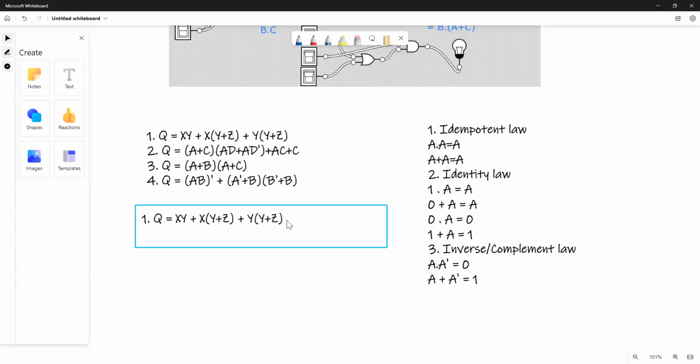So let's try to simplify this. The first step, what I'm going to do, right? I'm going to take out the brackets. So we have XY plus, so I'm going to multiply X with Y plus X. So it becomes XY plus XZ plus, you are going to say multiply Y with Y, so it will be YY plus YZ.